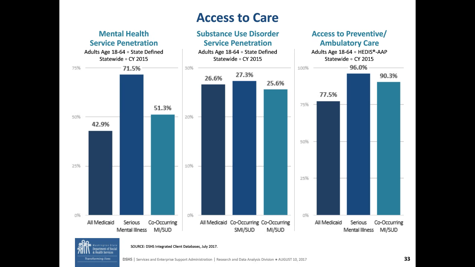On the SUD side, we limit the numerator to qualifying services that we would consider to be treatment. So methadone, buprenorphine, yes, those are in. Detox is out, not in. We don't think of detox as treatment, but an inpatient or residential SUD stay would be counted as treatment. We do have Word document specs that we can share that provide more detail.